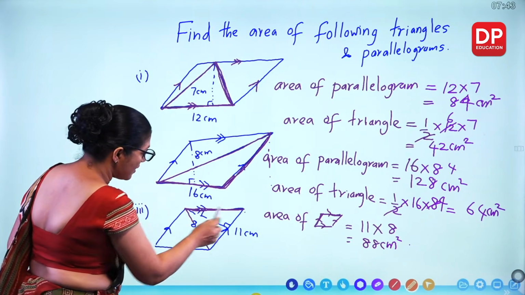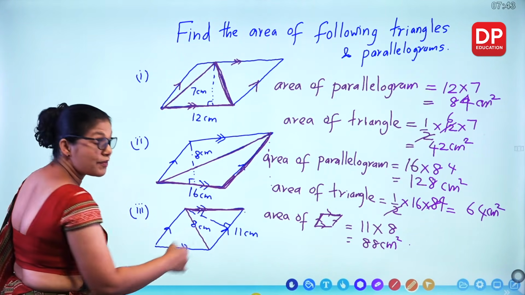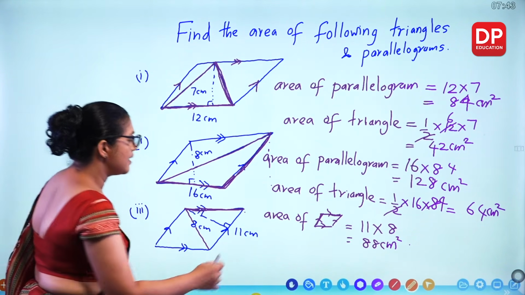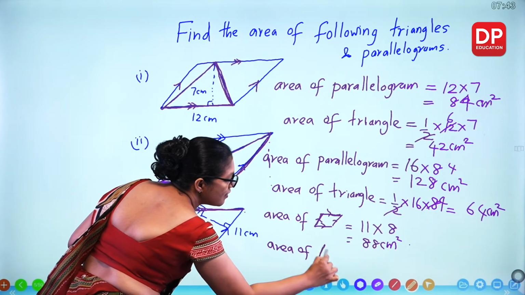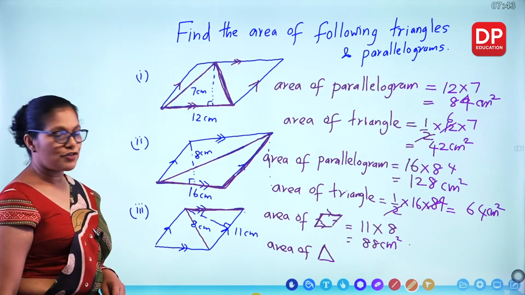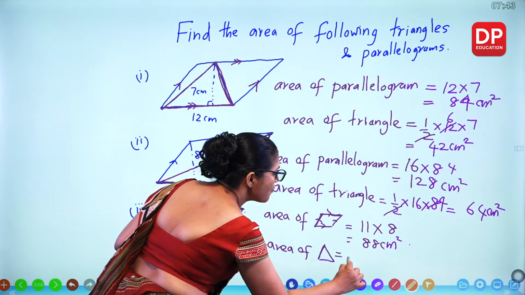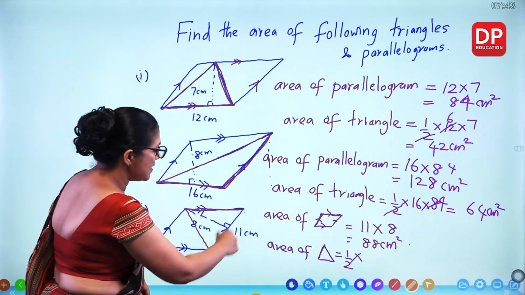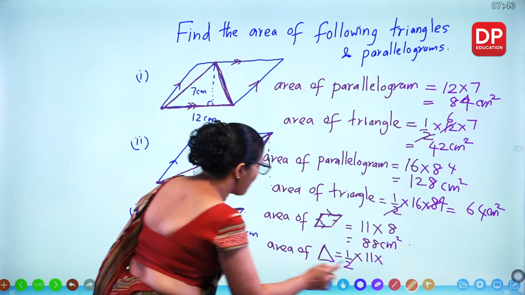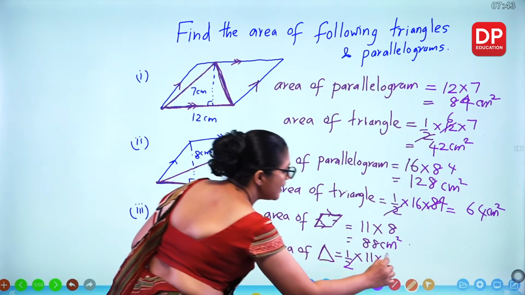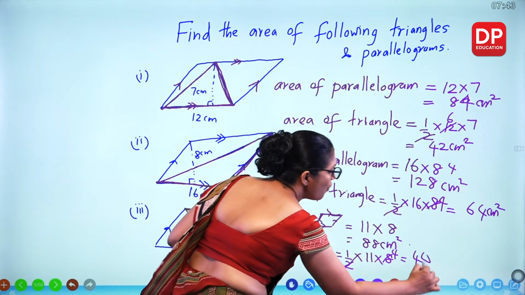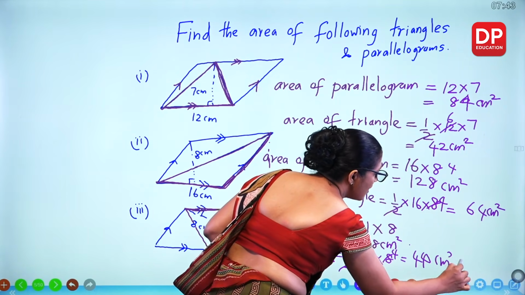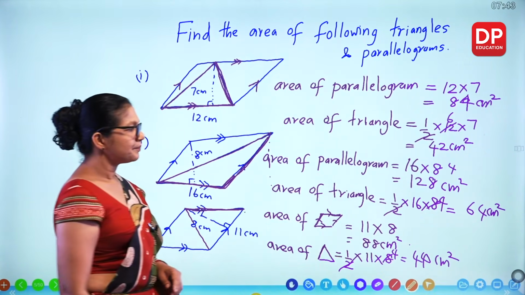And if I want the area of the triangle, again, I'll draw this symbol now. Area of the triangle is half times base 11 and the perpendicular height 8. When you simplify, you get 44 square centimeters.